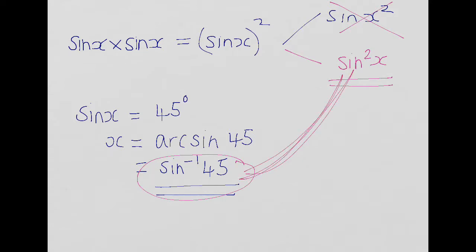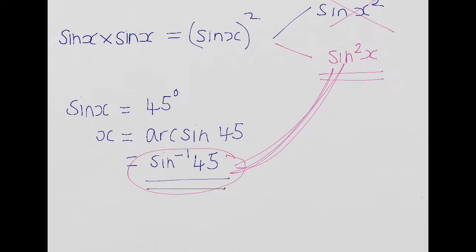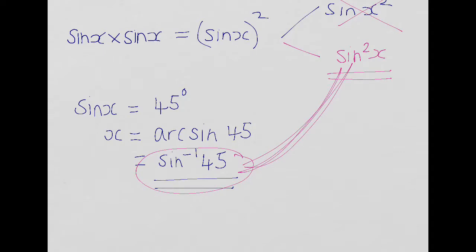But this sine to the -1 is not the inverse of it. What it's saying is you want the inverse function, not the reciprocal. Yes, so you want the undoing. So for example, when I add something, the opposite to adding is subtracting. So when I do the sine of an angle, the opposite, the inverse function, the undoing function, is sine to the -1 of 45. So now I'm going to ask you, knowing all that, how would I write this then?